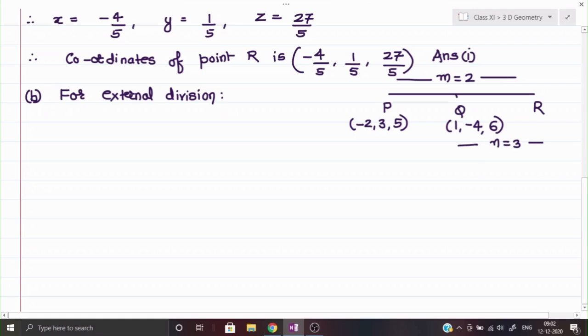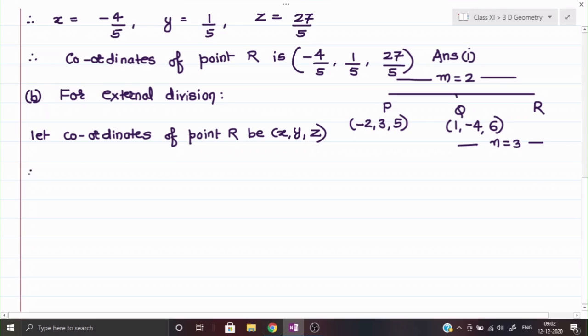Okay, let us apply the formula. Let the coordinates of point R be x, y and z.